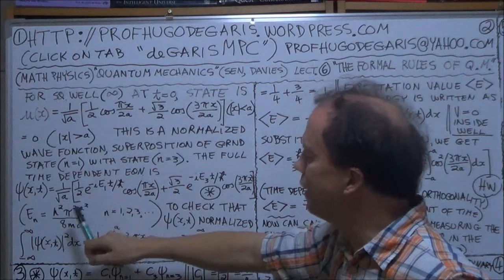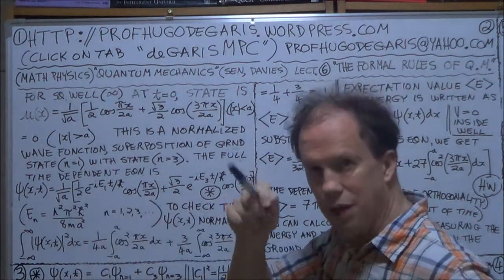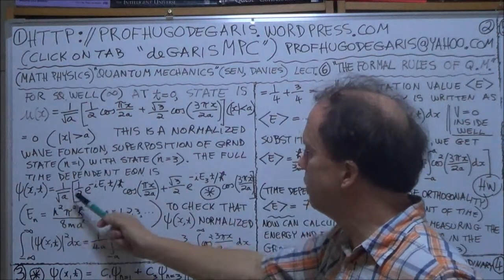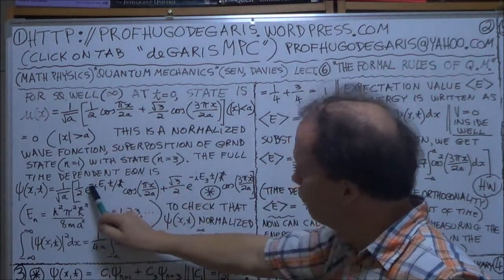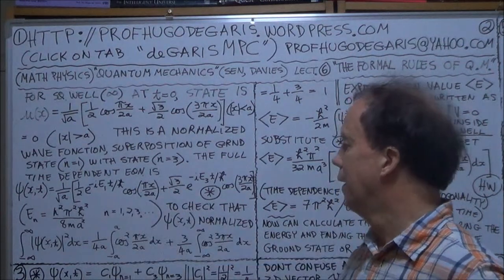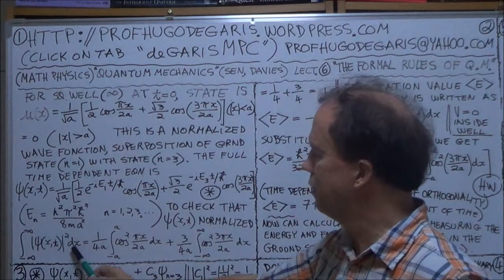So psi star would make that plus i, right? Minus minus, and similarly here. So then you multiply that by itself, except now plus i's here and here. And so that gives you the square, and then integrate it over dx.